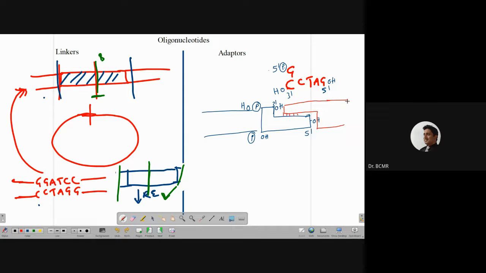If you remember what I was telling you here, this will be the 5', and we made it OH, dephosphorylated. Here we have phosphate, and here we have 3' OH. Here also it is OH. So there is no possibility of a phosphodiester bond forming on these sites. And that is an important thing when we are considering adapters. I hope it is clear enough.